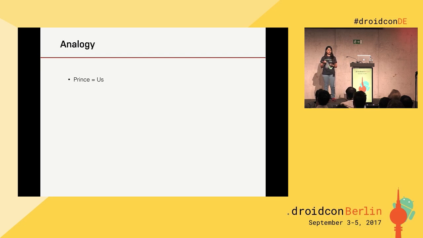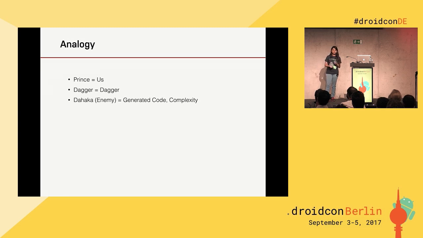And here is the analogy. The prince is us developers, and Dagger is Dagger. And the Dahaka enemy is the code complexity that comes with the generated code. When you start writing Dagger, you start with an app module and app component. As you go on further, there are a lot of generated classes.